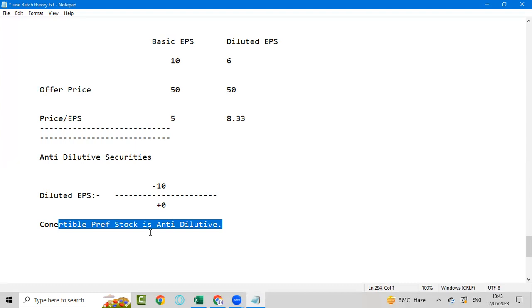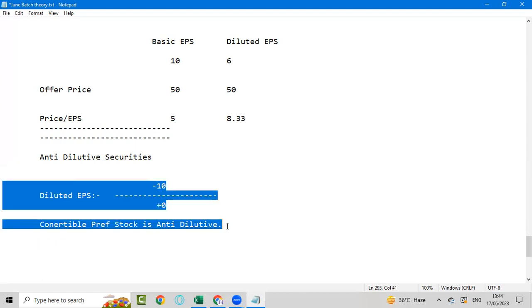Did I make my point clear? Okay. What is the next item? Sorry, I used the wrong word. We were talking about convertible preference stock. The convertible preference stockholder will not convert its preference stock if it is anti-dilutive.